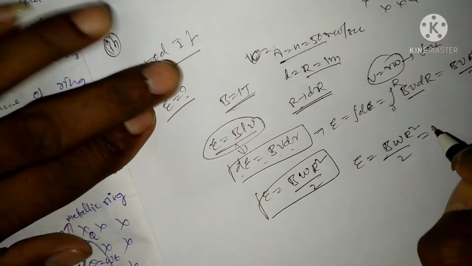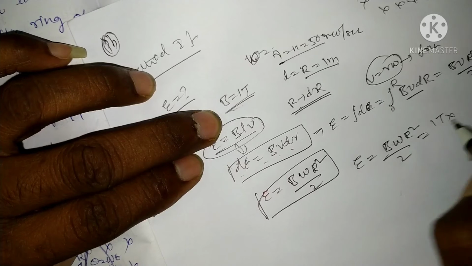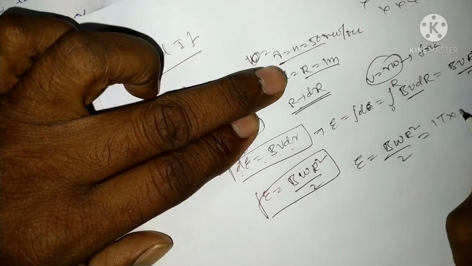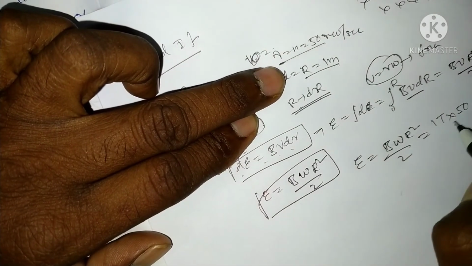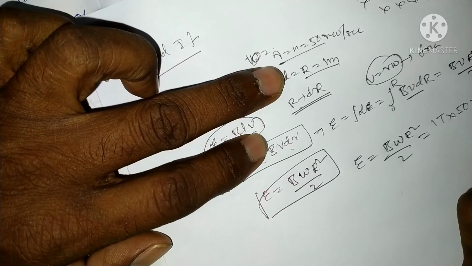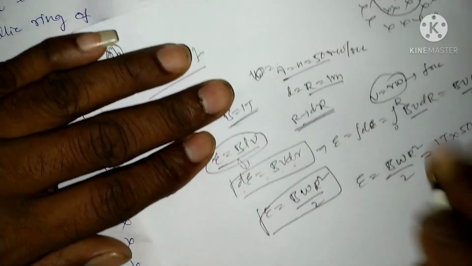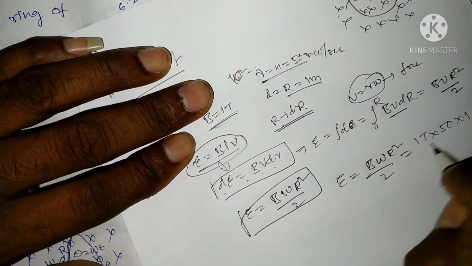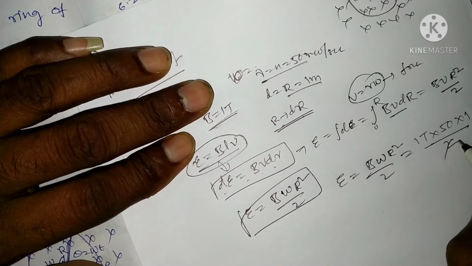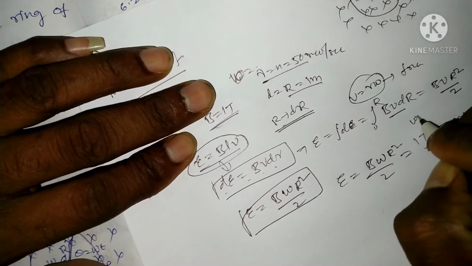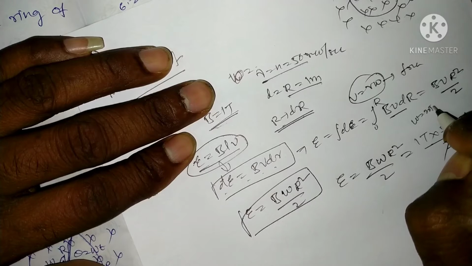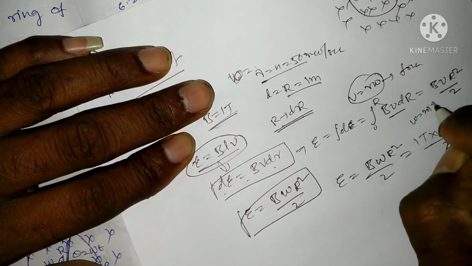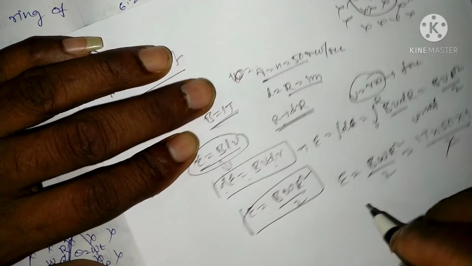That is B equal to 1 Tesla, into frequency 50, into radius 1 meter, by 2. Suppose omega is equal to 2 pi f, or 2 pi nu.